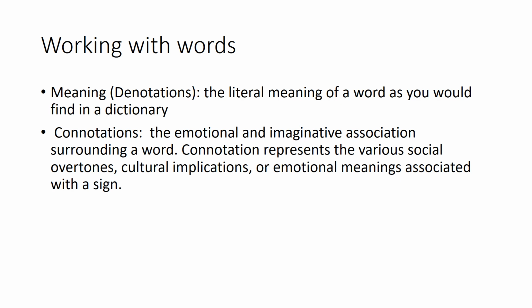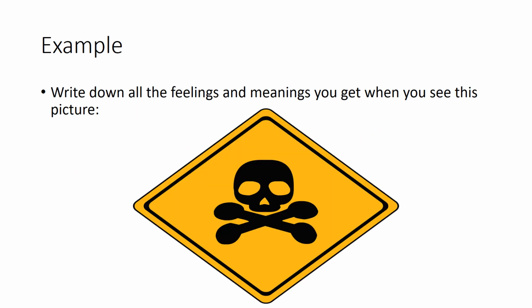Let's exercise this together. Let's look at this sign and write down all the feelings and meanings you get when you see this picture. So, if I am looking at the denotation of the picture, if I'm just going to describe what it is, it's a skull and two bones.